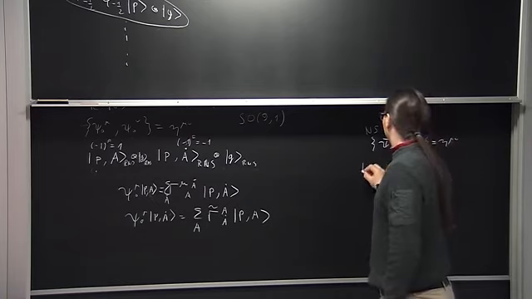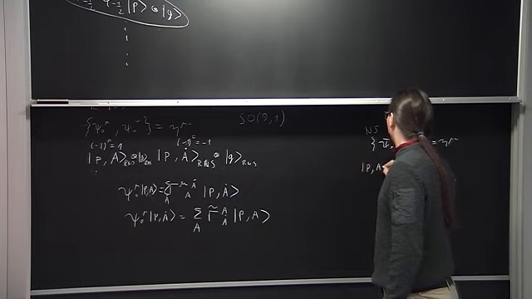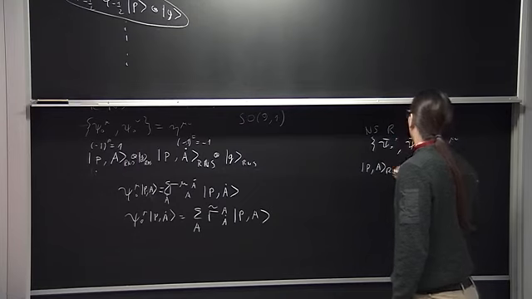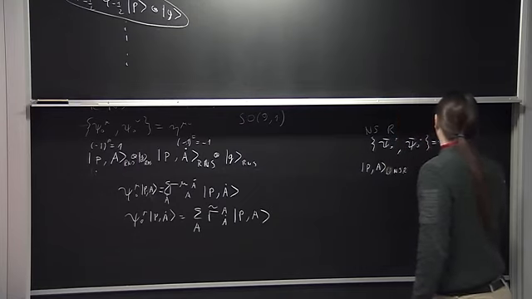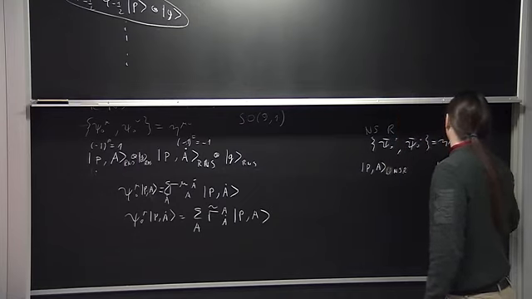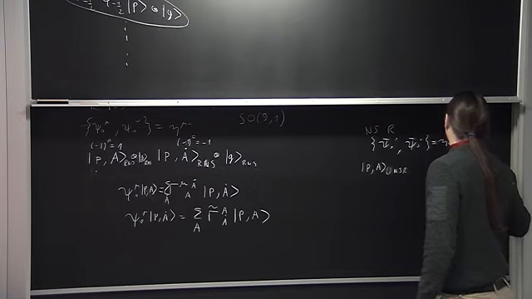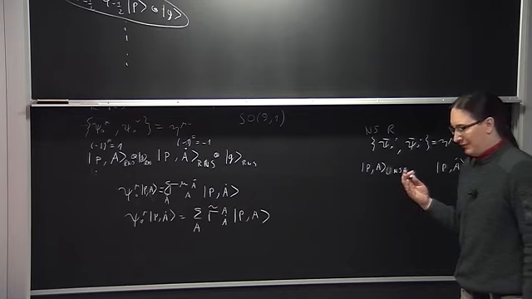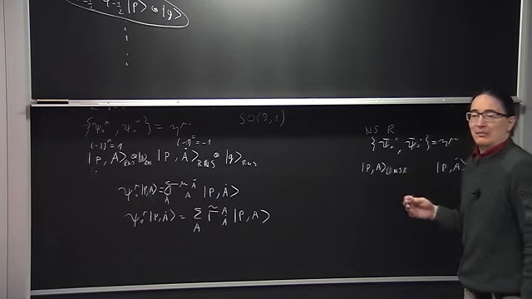Now I have my |p, A> in the NSR sector and my |p, A-dot> in the NSR sector, and the two chiralities for the spinors are really different this time.